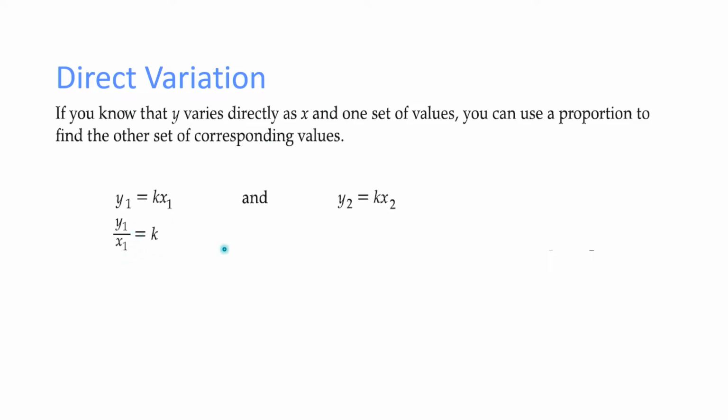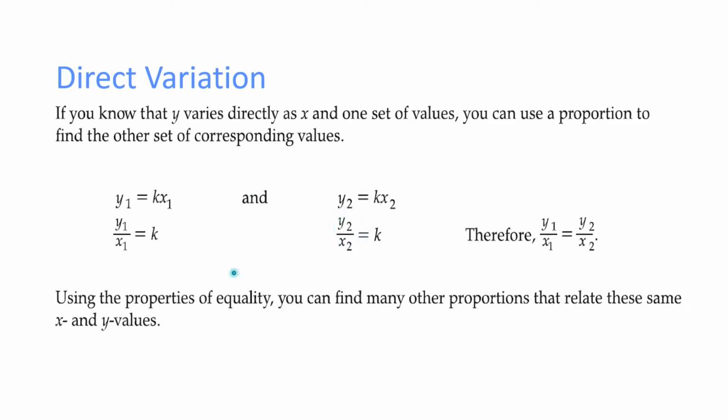And similarly, if y2 equals k x2, solving for k gives us y2 over x2 equals k. Therefore, we can say y1 over x1 is equal to y2 over x2. Using the properties of equality, you can find many other proportions that relate the same x and y values.